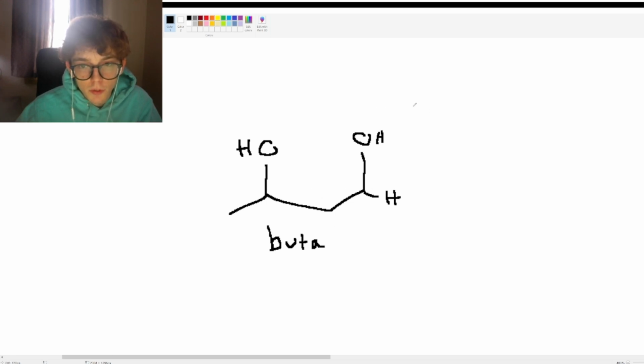So we're going to go from the right to the left. We're going to name this one as 1 and then this one as 3. So we have 1,3-butanediol.